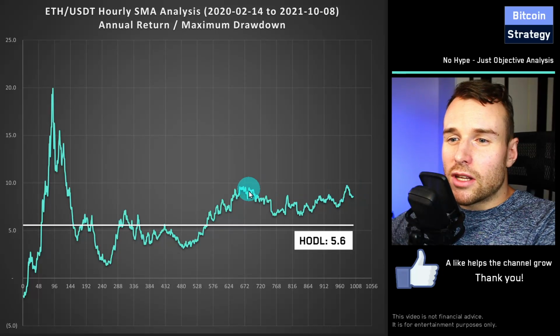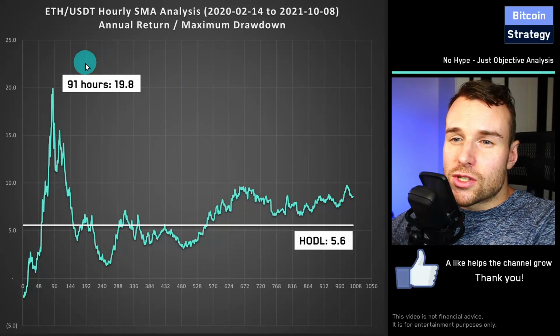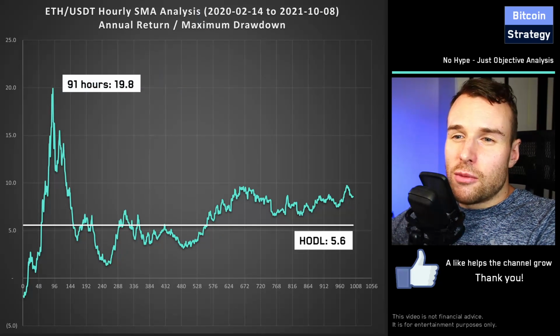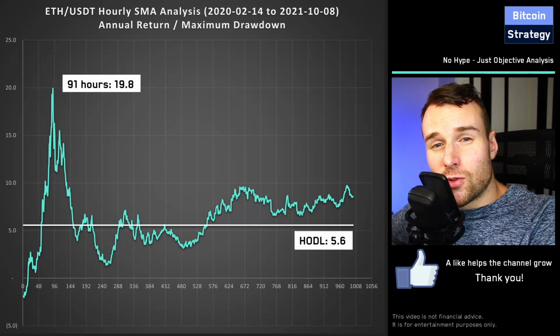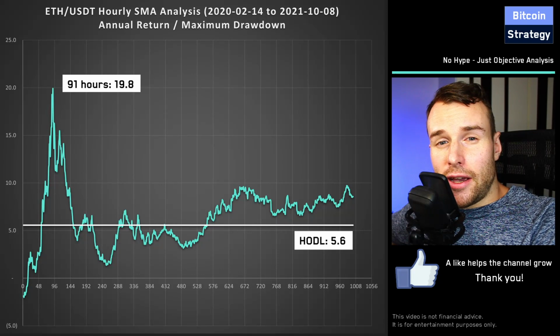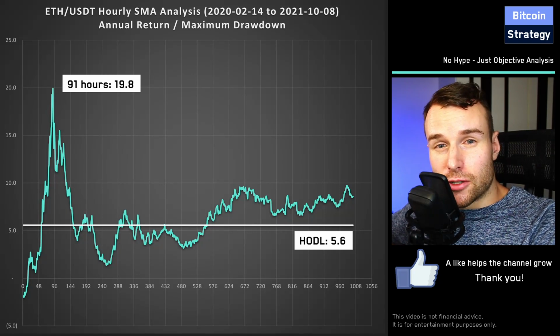But the way I look at this is, if you want to use the 91-hour moving average, probably just use this as an additional tool. Because Ethereum is pretty highly correlated to, for example, a lot of altcoins.